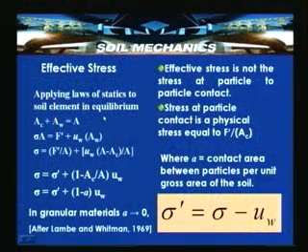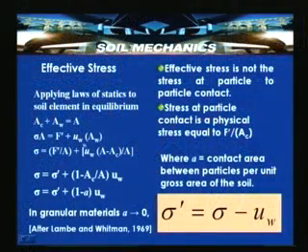Now let us consider the static equilibrium in the vertical direction, applying the laws of statics to the soil element in equilibrium. AC plus AW, that is the area of contact plus the area occupied by water, is equal to the total area A of the plane.